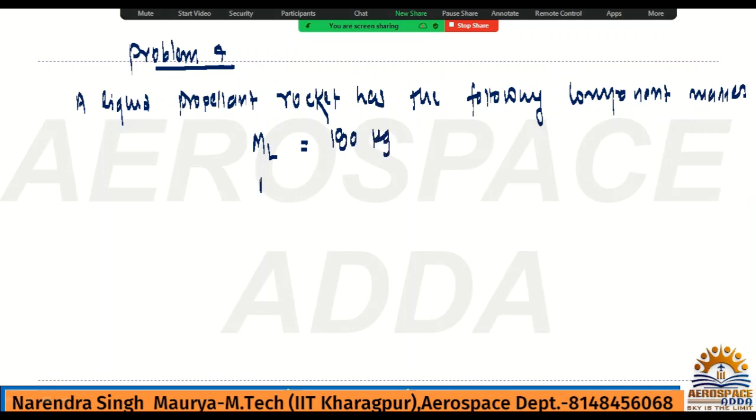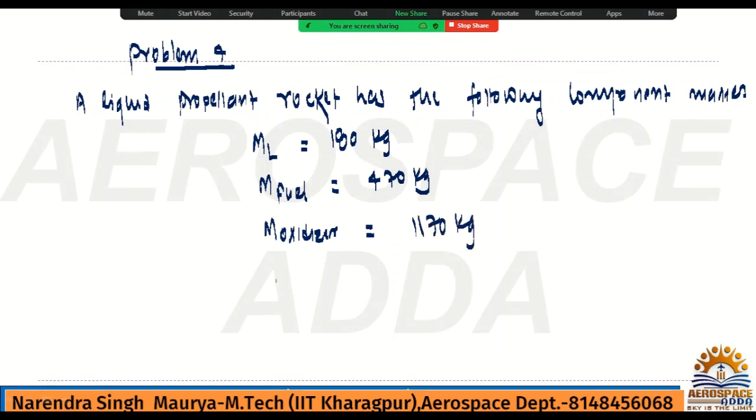Mass of fuel, how much? 470 kg. Mass of oxidizer, how much? 1170 kg.